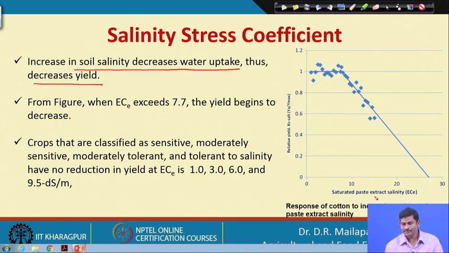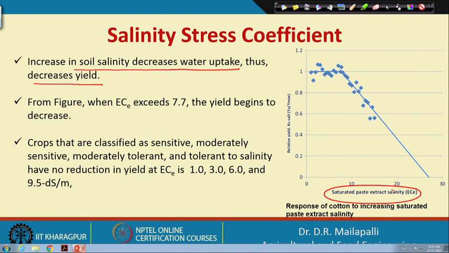In this graph, you see salinity levels, the saturated paste extract soil salinity on the x axis, and the relative yield, which is actual yield by the maximum yield, on the y axis.